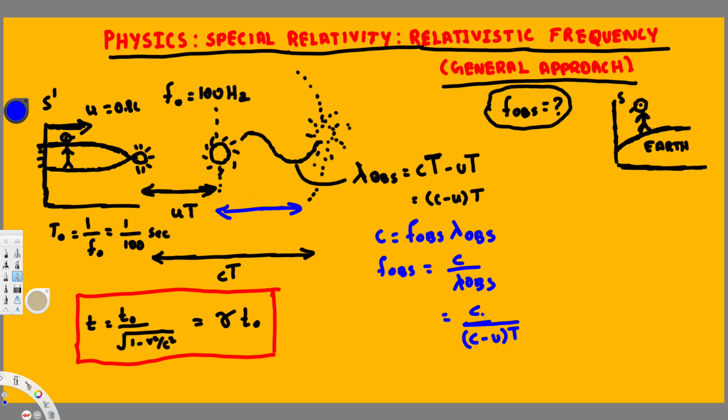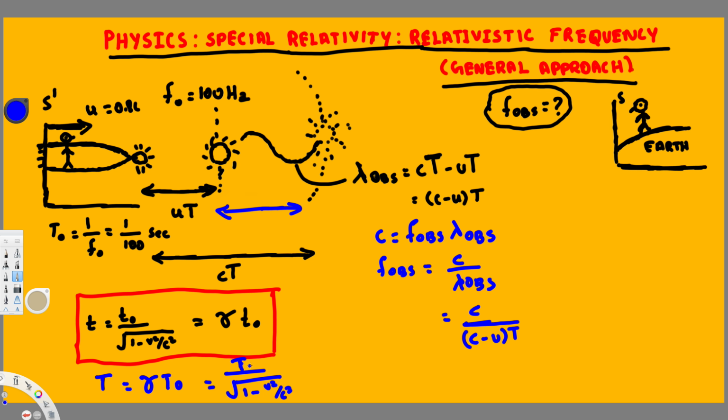Now we have c, the speed of light, and this one. And here what we can do is use the time dilation equation. We know the time dilation equation is this one, and that is equal to gamma times t naught. So we can use the same equation for period. Period is going to be t equal to gamma t naught, and gamma is 1 over this value. So we can also write this as 1 over the square root of 1 minus v square over c square times t naught.